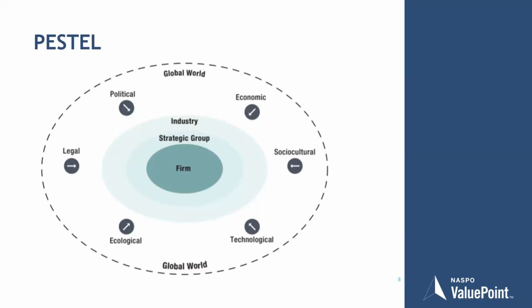Sociocultural forces are going to be what's going on with people, what's going on with the culture. Technological, for example, in lab equipment, we know that more and more lab equipment is getting sophisticated software, and it's going to need updates. So that's something that we learned from doing a PESTEL analysis. And then ecological forces, again, are just the way in which the environment and resources interact with your industry and specifically with your company.